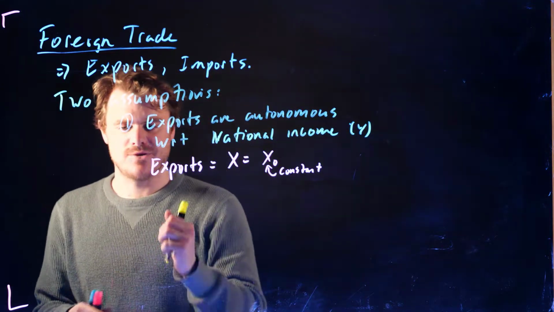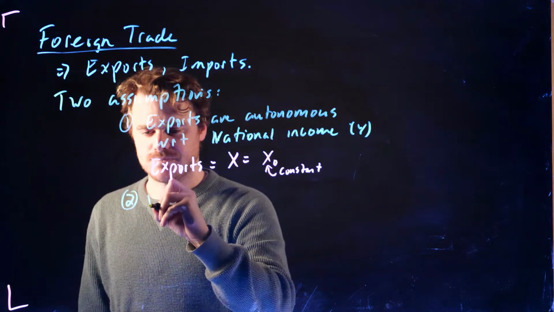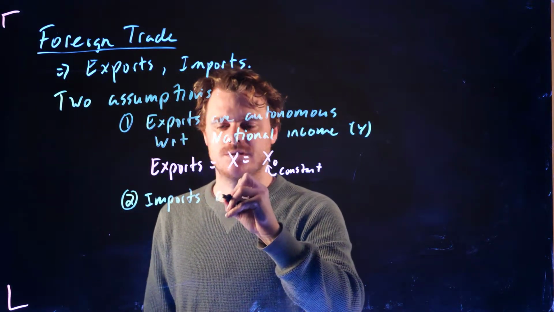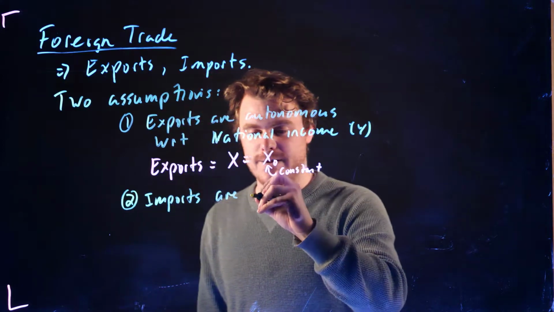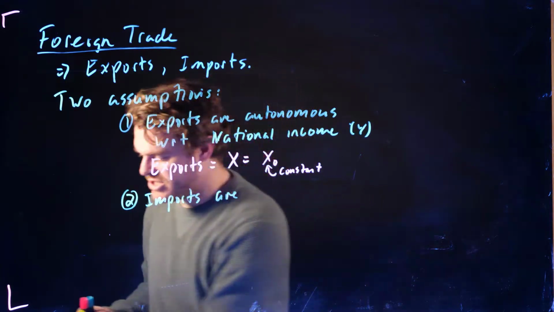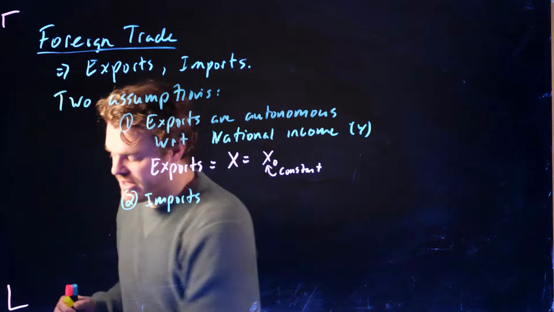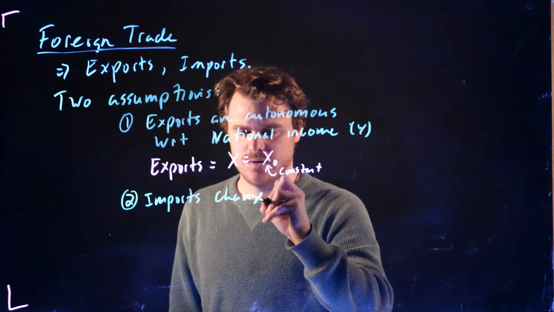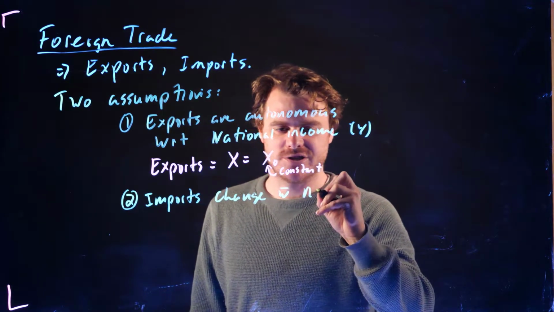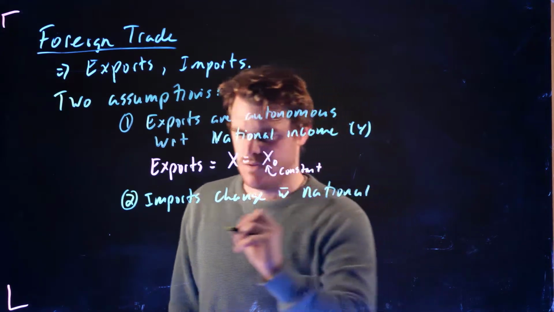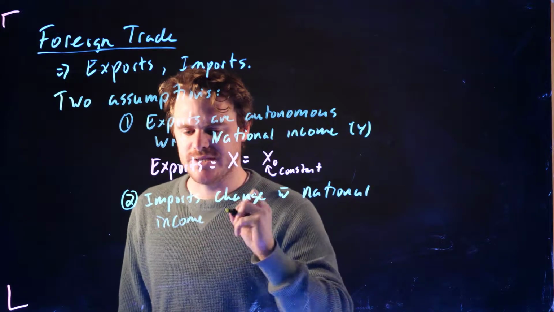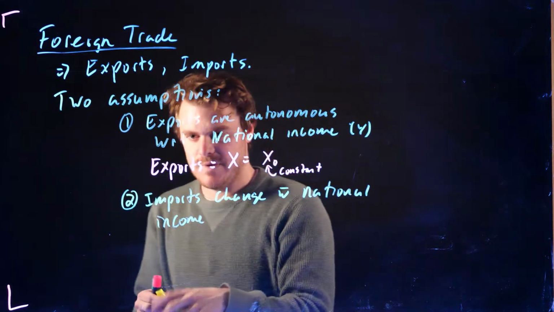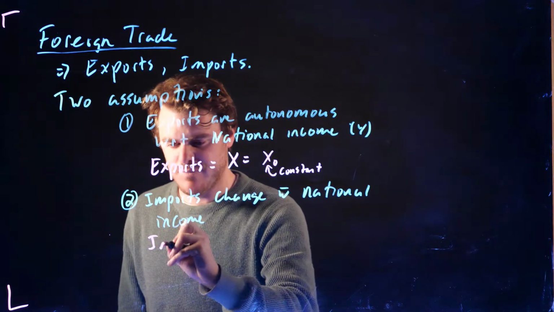And the second assumption that we're going to make is that imports change with different values of Y. They change with national income. So they're going to be part of this induced expenditure.